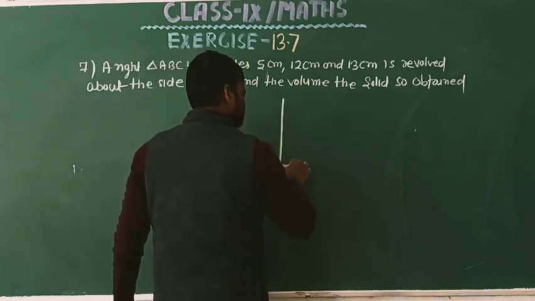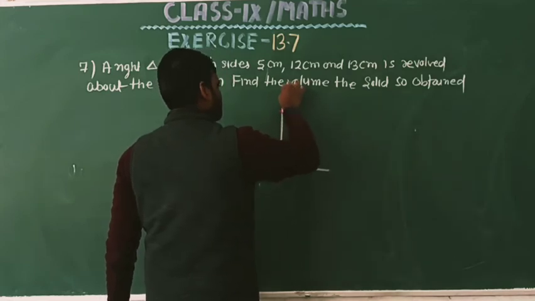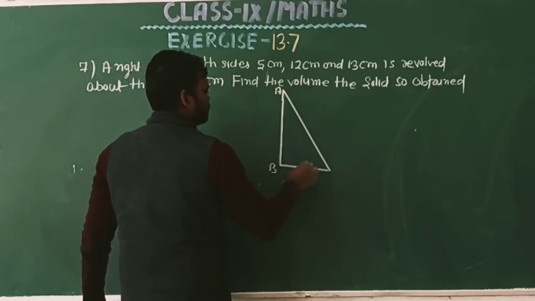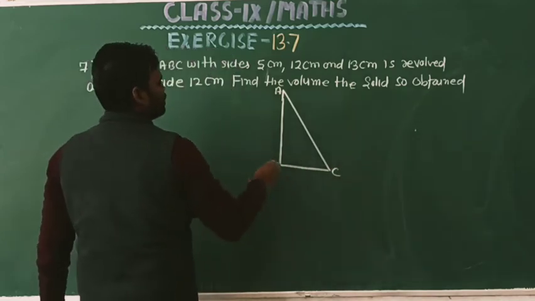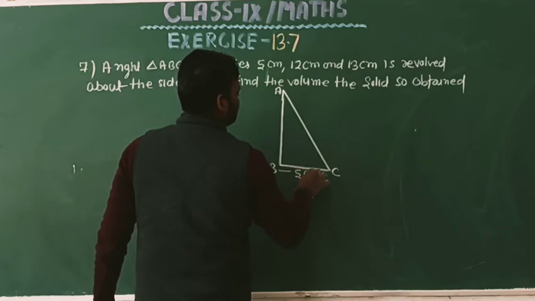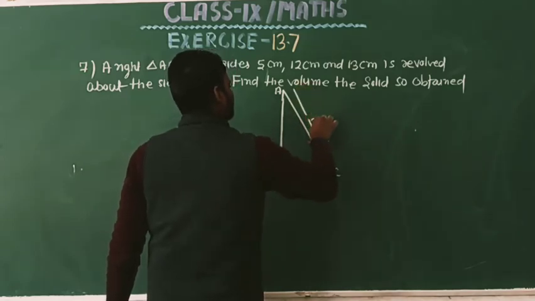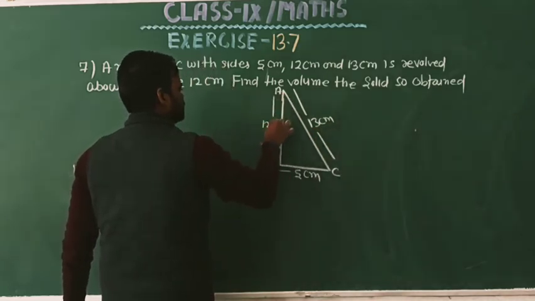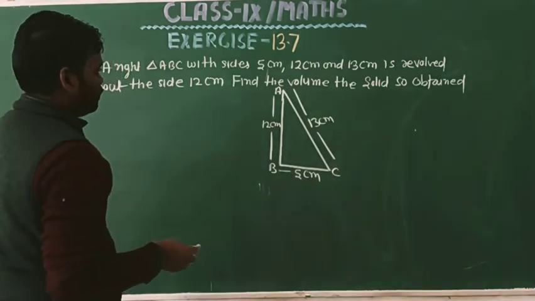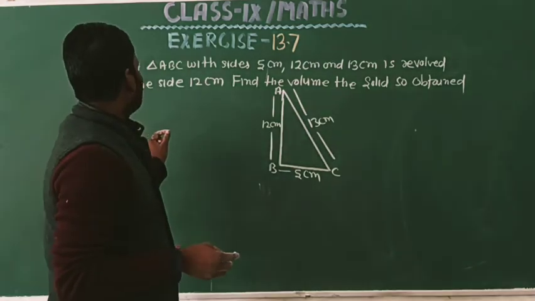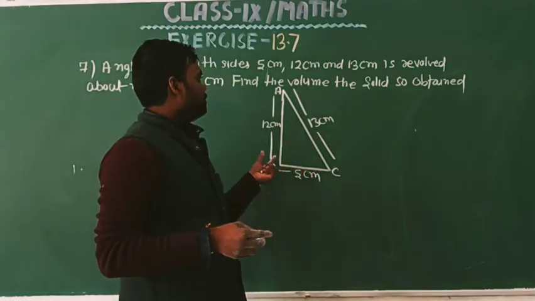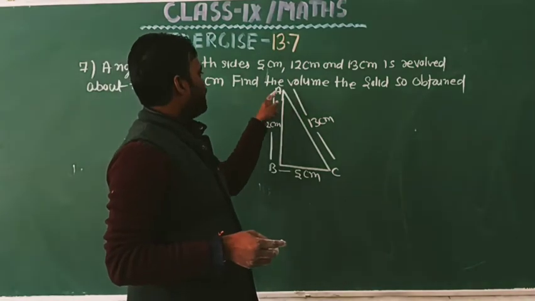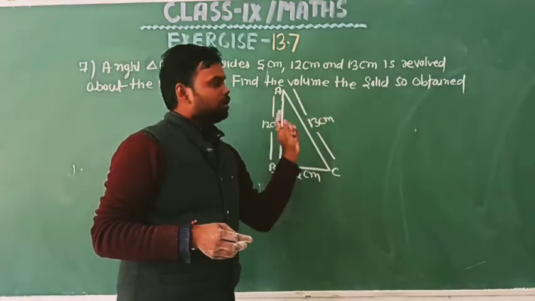This is a right triangle ABC. We have 5 centimeter, this is 13 centimeter, and this is 12 centimeter. Now we have to revolve the right angle triangle ABC about the side 12 centimeter. Then we need to find the volume of the solid so obtained.